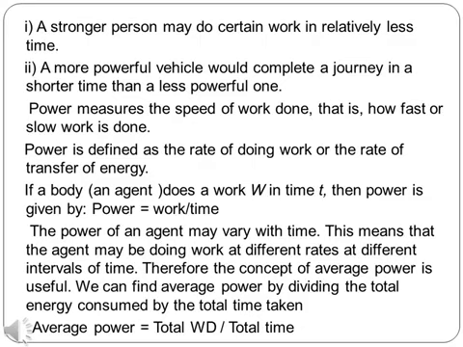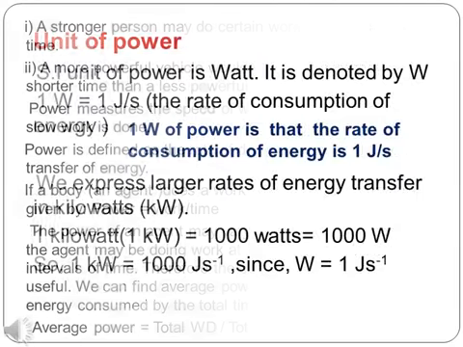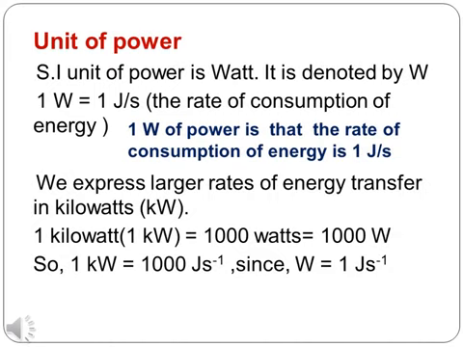So, the concept of average power is introduced. We can find average power by dividing the total energy consumed by the total time taken. So, average power is equal to total work done divided by total time taken.